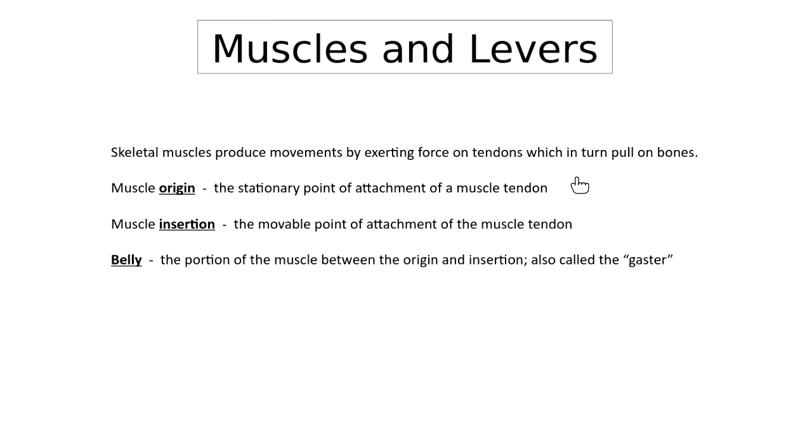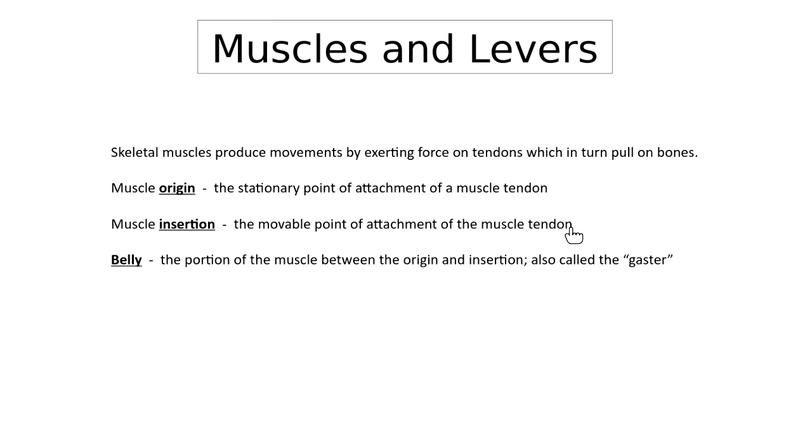Like if you look at your upper arm, your biceps muscle, well, biceps means two heads, and the two heads are going to attach up on your shoulder. And when that muscle contracts, your shoulder does not move, but your forearm does. So we look at the next word, the muscle insertion, the movable point of attachment of the muscle tendon.